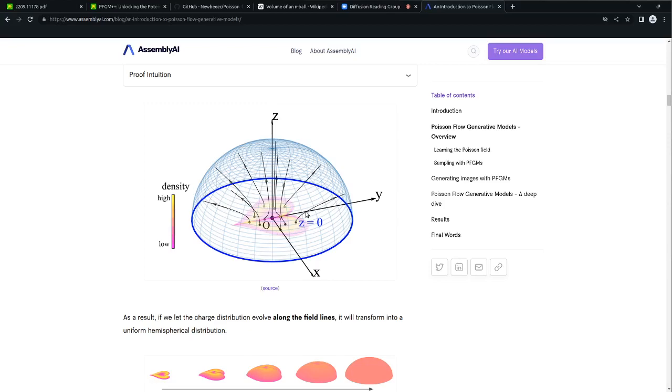If you had a lot of memory and a lot of points, you could just calculate out the vector field automatically, and then you would need to learn a model, right?